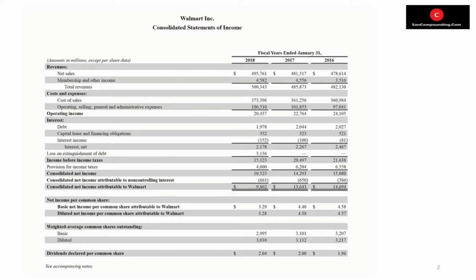The next is net income per common share. So you take the total earnings for the year and divide it by the total number of outstanding common shares. You get the weighted average, or rather basic or diluted, earnings per share. So this is called EPS, which is a very important factor for markets.